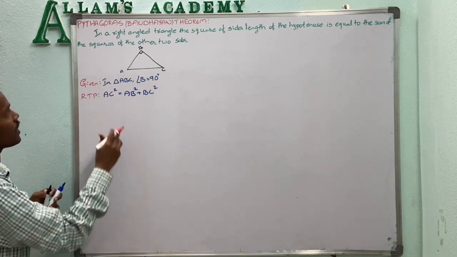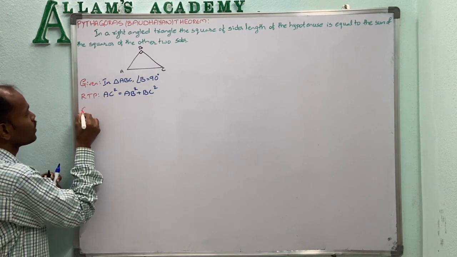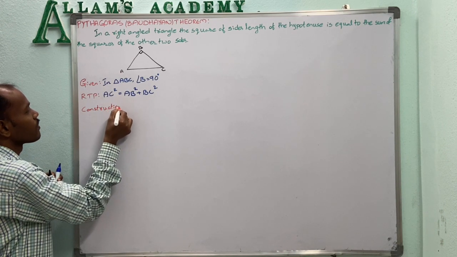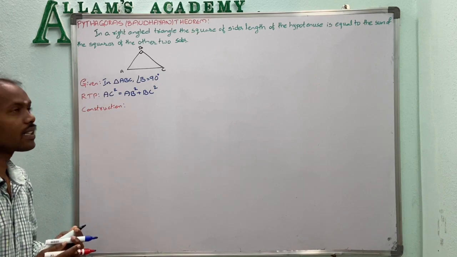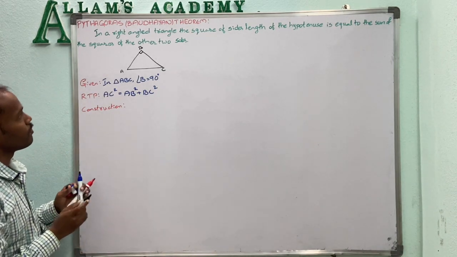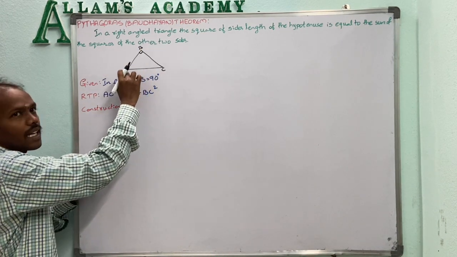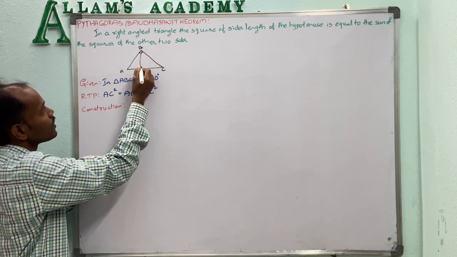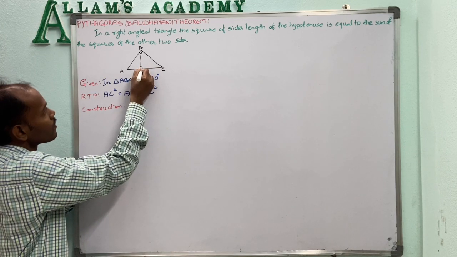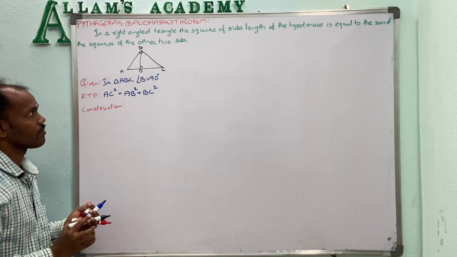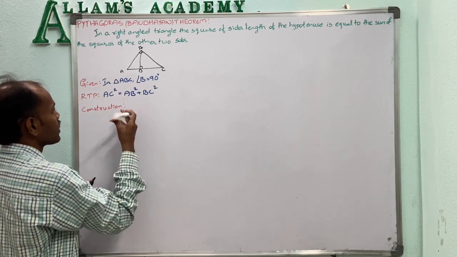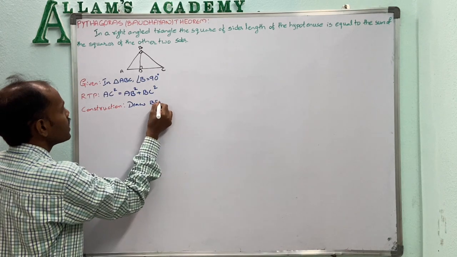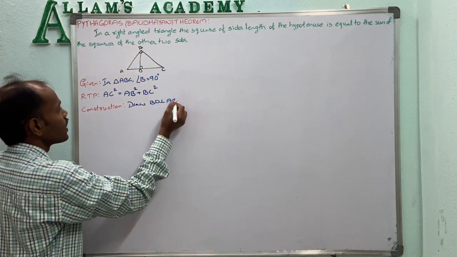For solving this, we have to do one construction. That construction is: from B, draw a perpendicular to side AC. So draw BD perpendicular to AC.